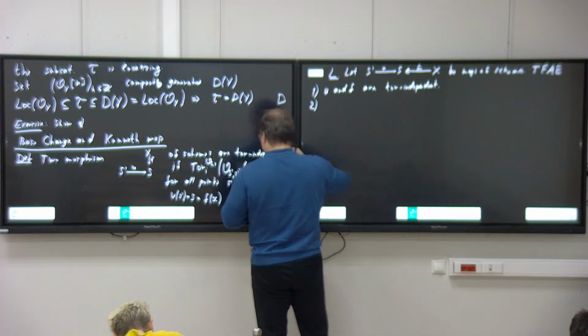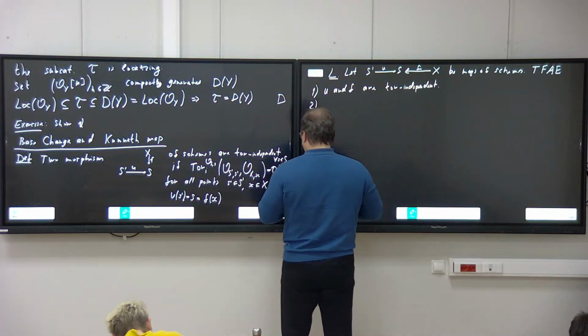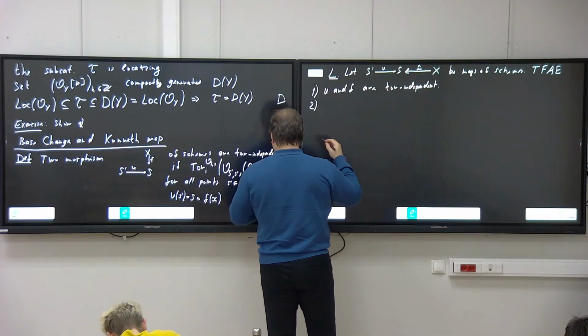The second condition is similar, but for affine neighborhoods.